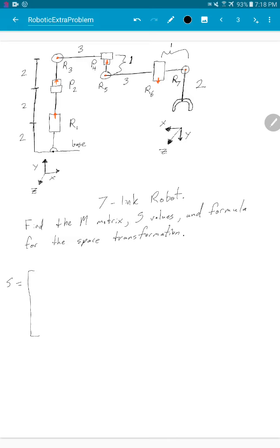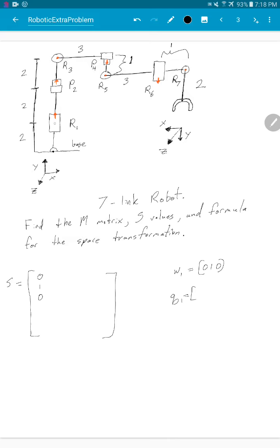So let's get started. The first 3 values in each column of S is the axis of rotation. For the first joint, it is in the positive y direction, so it'll look like this, 0, 1, 0. This value is also called W1. To get the next 3 values, first we find another vector called Q1, which is just the displacement of the center of rotation.